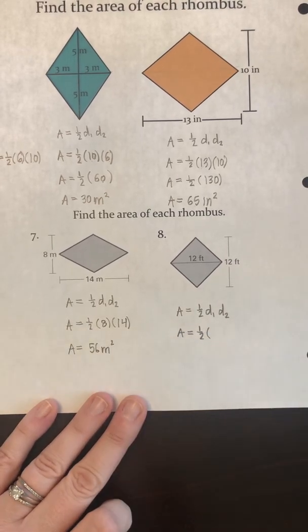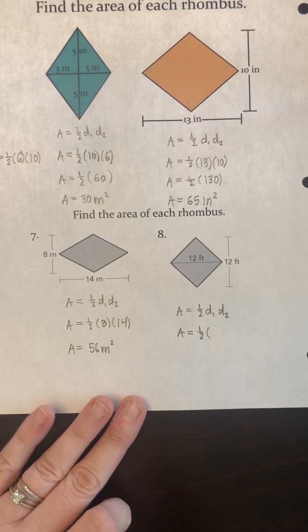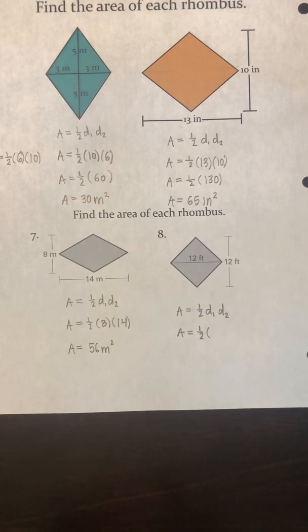Number one, it gives you a visual so you can see where you're going to plug numbers in. And secondly, the more you write them down, the faster you will learn them, because when you guys take your quiz, you're not going to have a formula sheet. You're going to need to know the formulas. So if you write them down every time you need to use them as you're doing homework and classwork, it'll be that much easier for you to learn those formulas for Thursday's quiz.